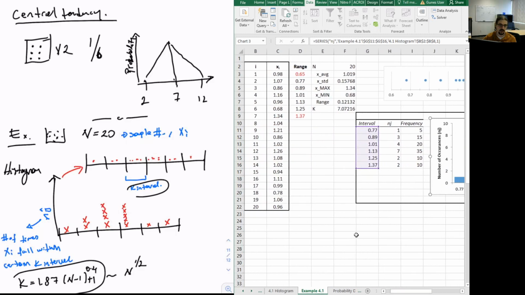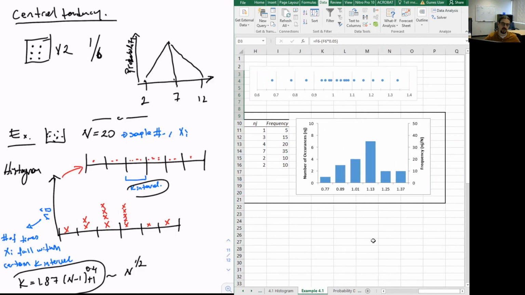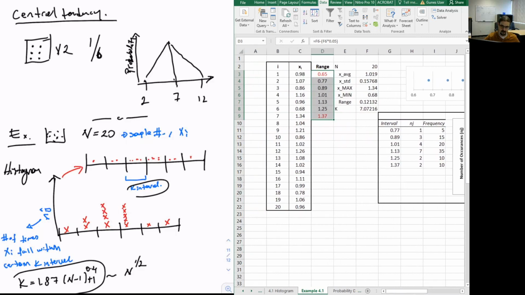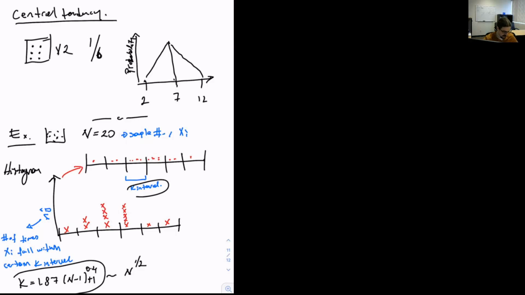To do that in Excel, I have a video on YouTube that I will put the link to, and you can figure out how to make this histogram based on that. Let's close this example for now and go back to our lecture.